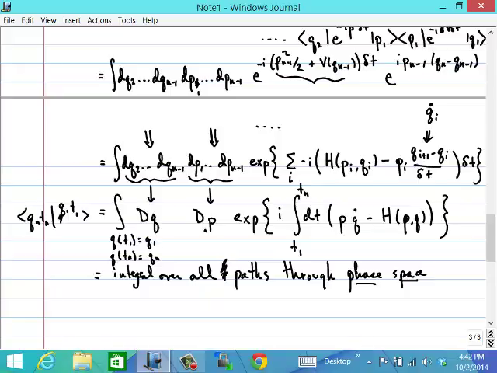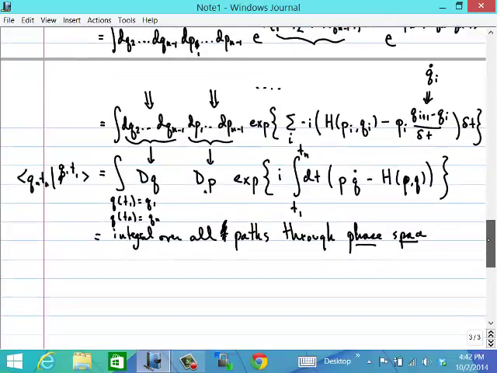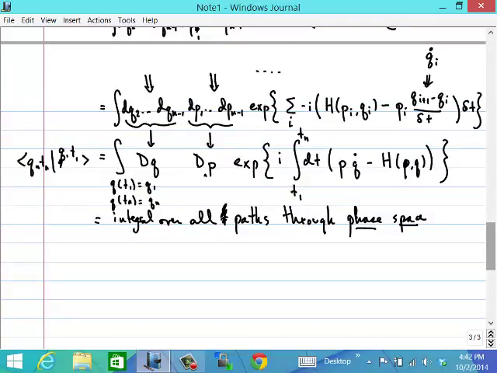Okay. So what we've discovered here is not the path integral formulation where we integrate over configuration space, but a path integral where we integrate over phase space. Phase space is the set of all possible Q's and P's. So phase space is the QP plane. And classical trajectories are paths through phase space. Usually closed paths through phase space if you have periodic motion, for example.